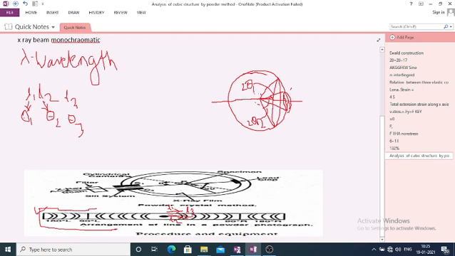And phi is the angle between the positive direction. So here is phi 1 for the first cone and phi 2 for the second cone. Similarly, theta 3, theta 4, theta 5 can be found out.